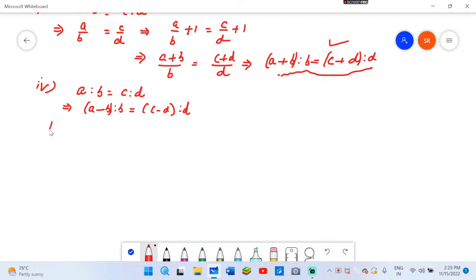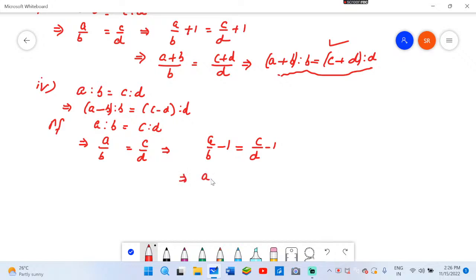So how to prove it? We are given A is to B is equal to C is to D. By definition of ratio, it is simply A upon B equal to C upon D. Now subtracting 1 from both sides, A upon B minus 1 equal to C upon D minus 1.